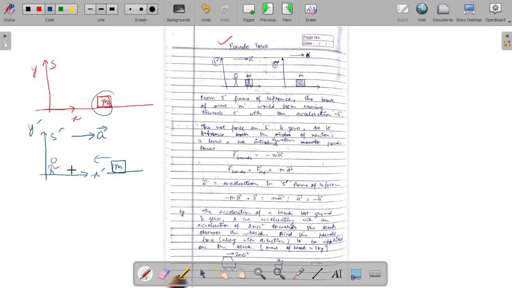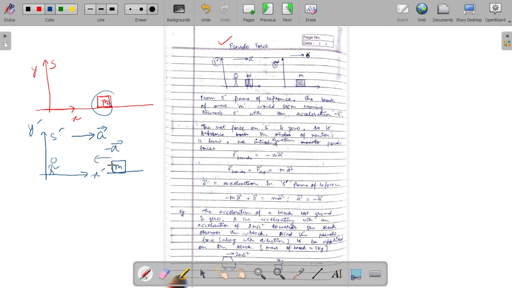So in the frame of reference S dash, this man is seeing that mass m is coming towards him, and not only coming with a constant velocity, but with an acceleration minus a vector. So the question comes: where does this acceleration come from? Which force is producing this acceleration?